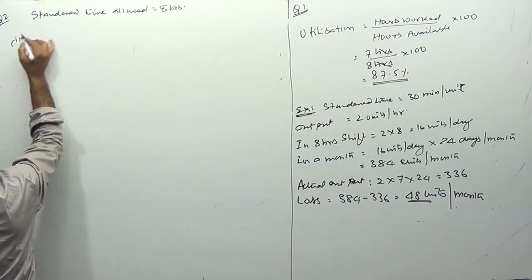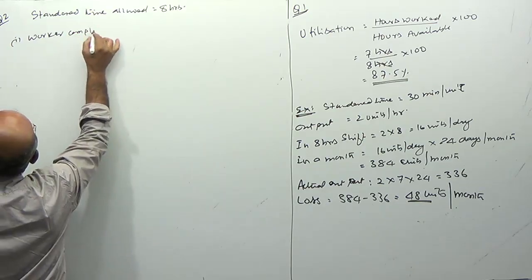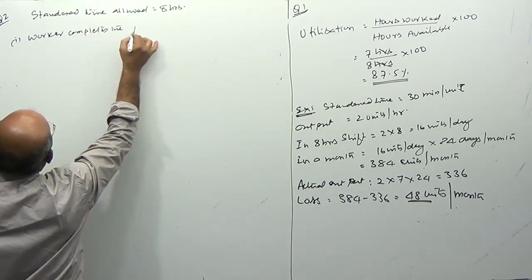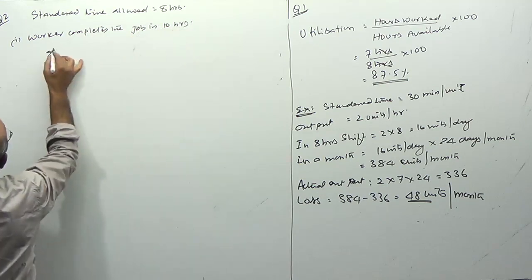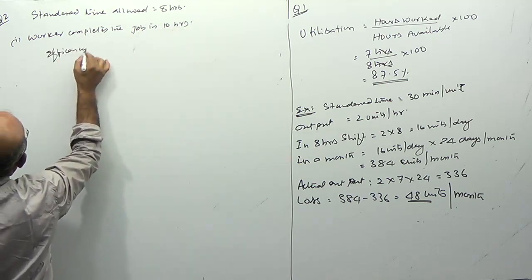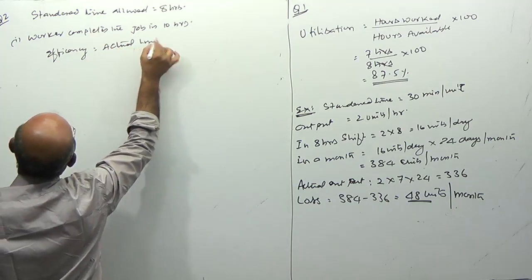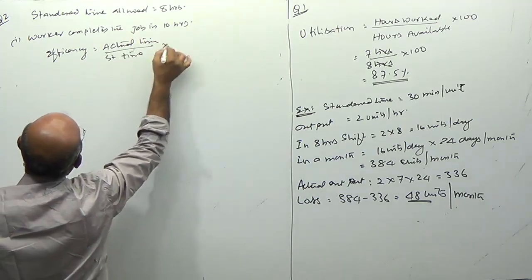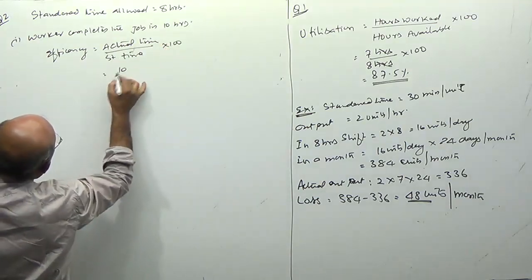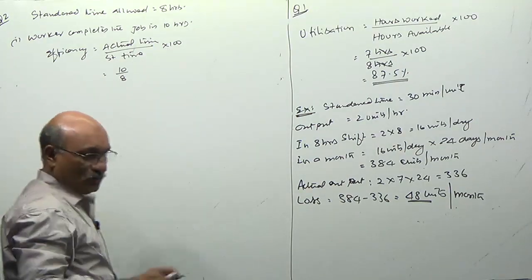First one. Worker completes the job in 10 hours. So efficiency is equal to actual time divided by standard time into 100. 10 divided by 8. No, sorry.